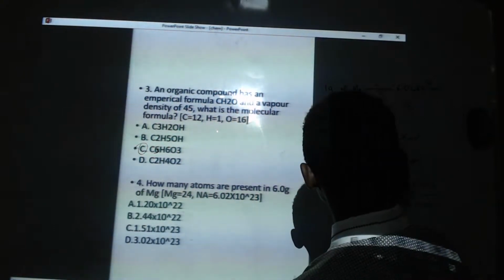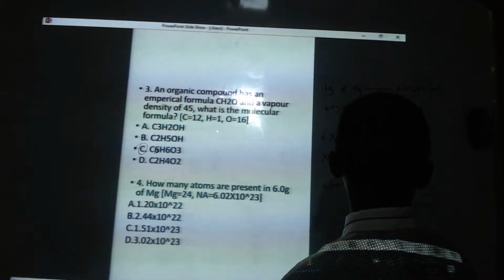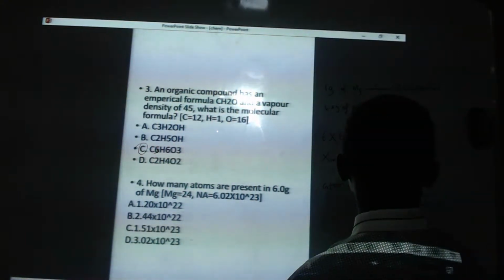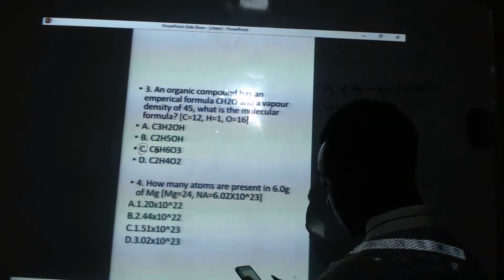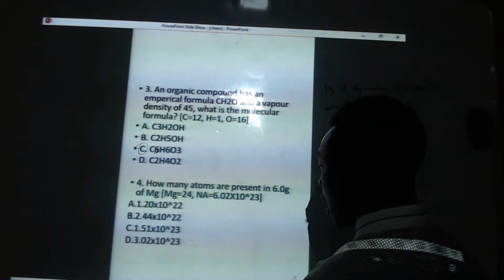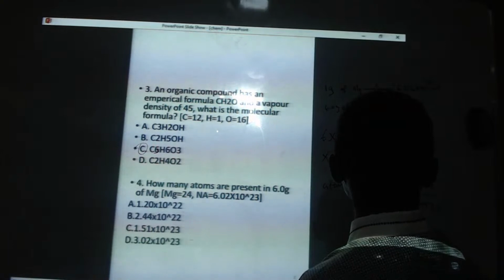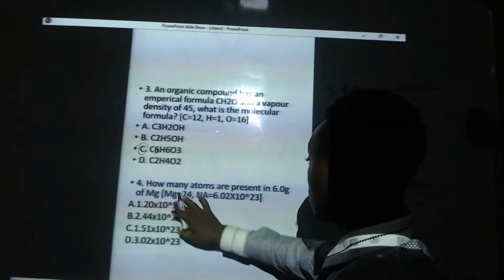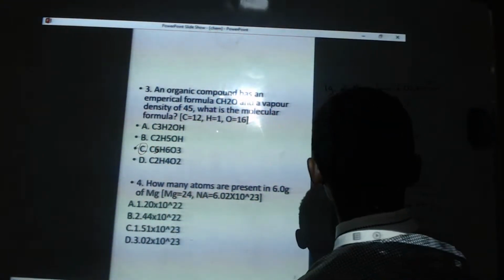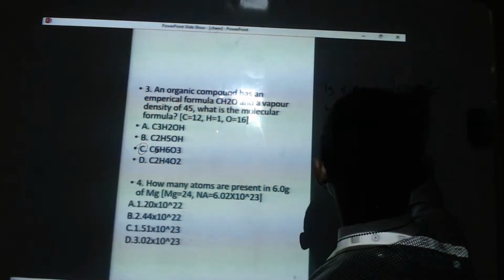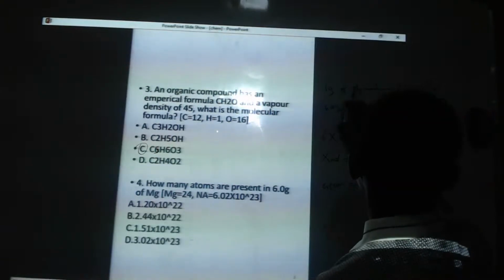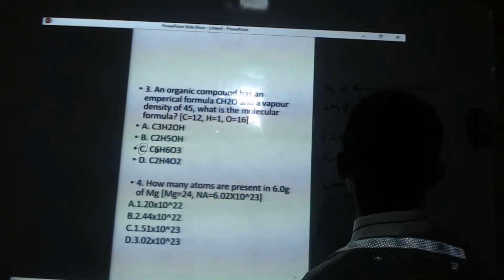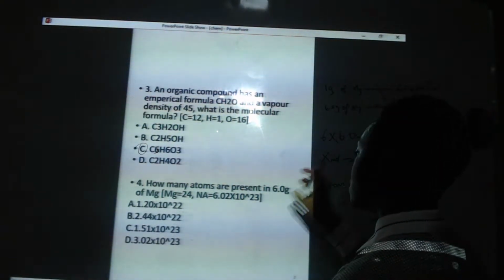So your number of particles is what you got here, which is 3.61 times 10 to the power of 24, and your molar mass here is 24. That's the molar mass of magnesium. Remember I said after doing this, 1 gram is equal to 6.6 mole, and this is equal to X. So once you cross multiply, you get the number of particles that is present in magnesium.